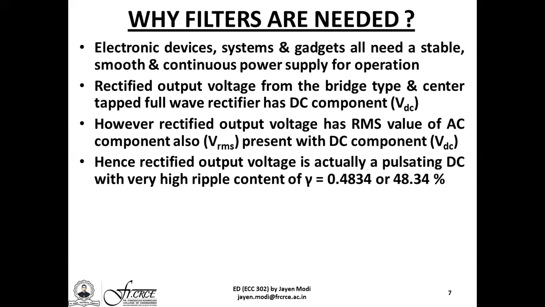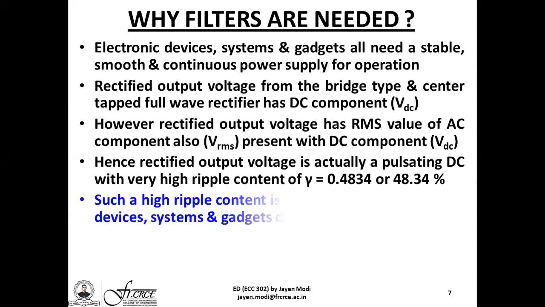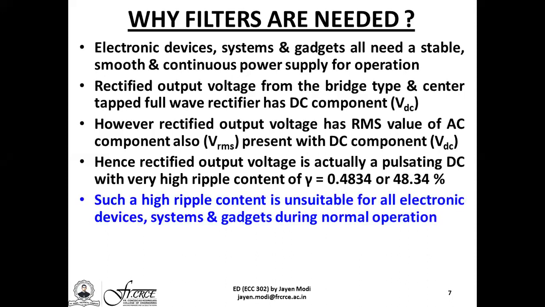We had actually derived this equation earlier. The problem with this very high ripple content is that it is not suitable for these electronic devices, systems and gadgets, because not only can it cause them to be misused, but they can also be damaged. Also, their operation becomes completely erratic under such pulsating voltages.